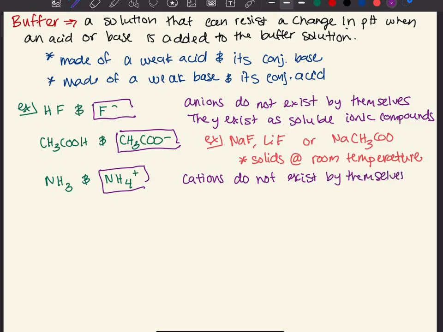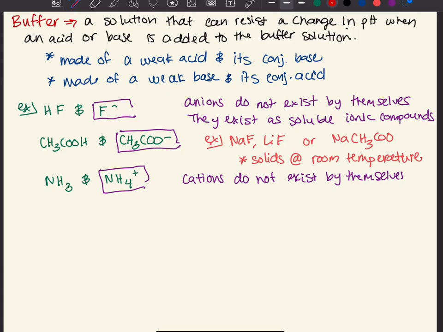So you would have to go to the stockroom and get something like ammonium chloride or ammonium fluoride, ammonium bromide. You really don't want to use a counterion that has a conjugate base of a weak acid. When you add the sodium, lithium, or potassium, or chloride, bromide, those are called counterions. So you have to make sure that you are getting those counterions in there.